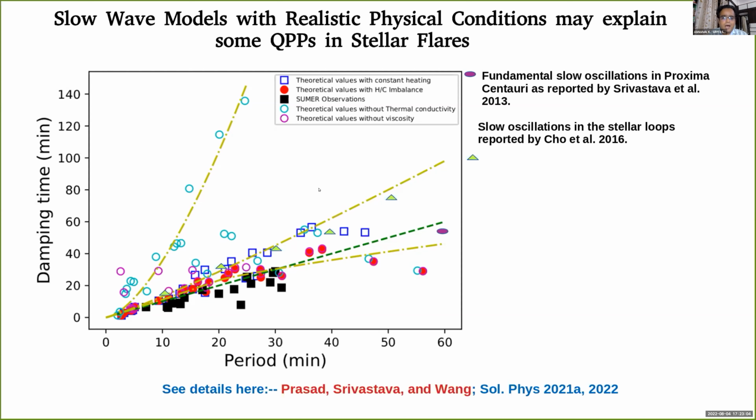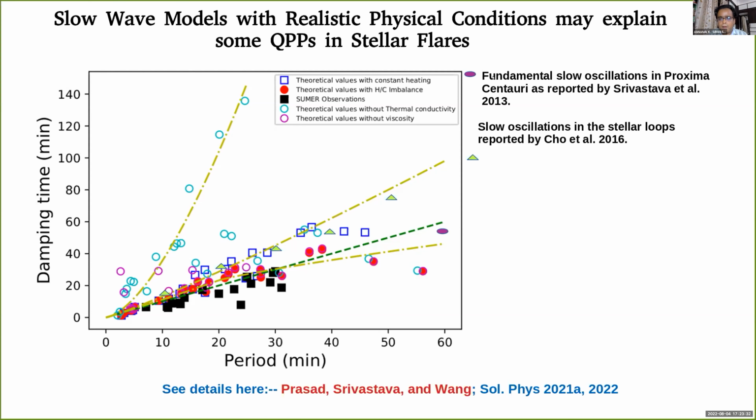That means the viscosity effect is not very prominent in dissipating the waves until you have very high temperature or very small loop length. But as you see, when you include thermal conduction, they come closer, and heating-cooling imbalance makes them even closer to the observed data. Of course, there is not a perfect match with the observed data, but they are coming closer.